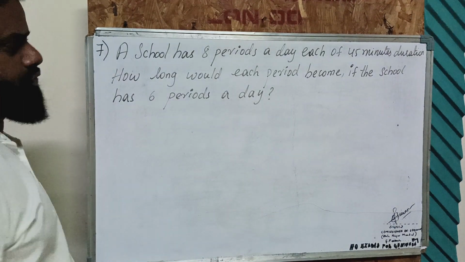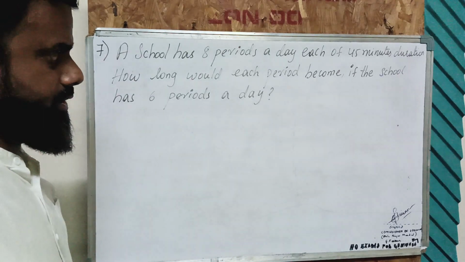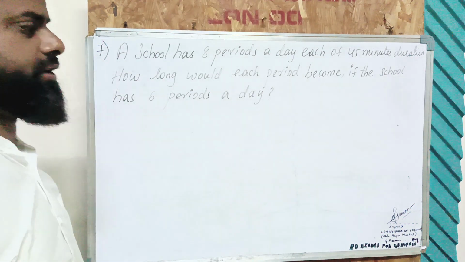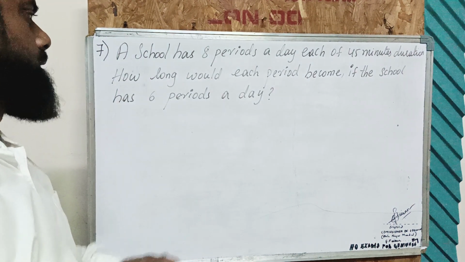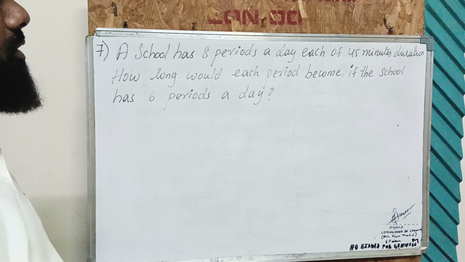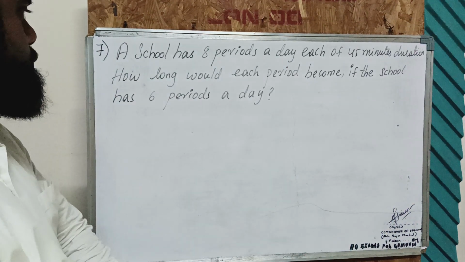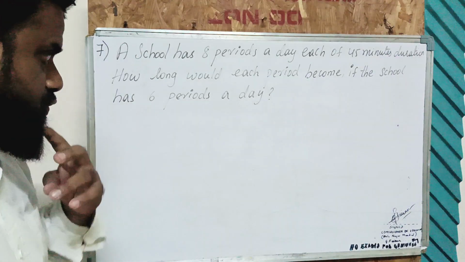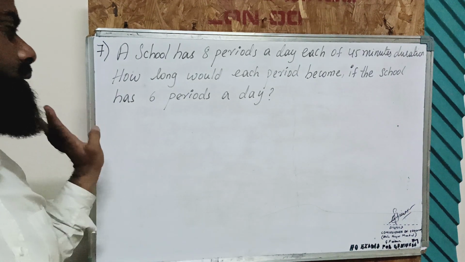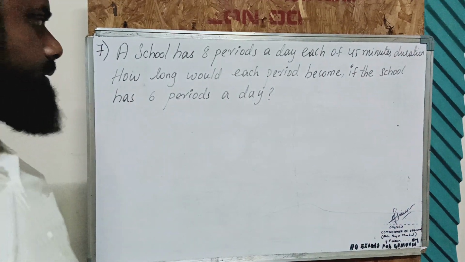Now again, next question. A school has 8 periods a day, each of 45 minutes duration. Those who are listening to this question, everyone goes to school and they know they will have 6 periods or 7 periods or 8 periods in a day.